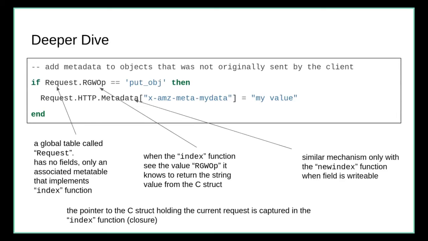Now, when you want to modify stuff, as in this example, Lua has those mechanisms. So here again, I'm not copying anything except the string, my value, into this new metadata field. Under the hood, there are already data structures that hold those maps and so on, but I don't need to copy them around. I just need to traverse the pointer, traverse the structs, and then put the value, just copying this value into the right place.